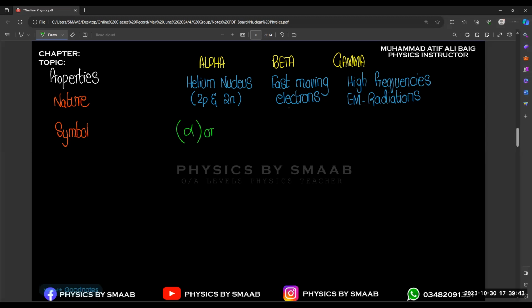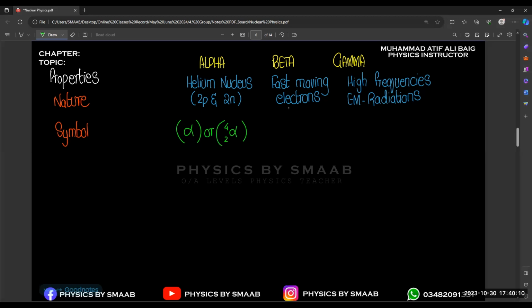Or you can also write it in the nuclear symbol form with proper atomic number and atomic mass, just like this, alpha 2 4. So if you want to write the normal symbol, you just draw the directly proportional sign for alpha. And if you want to write the nuclear symbol, also note down the number of protons and number of neutrons with it.